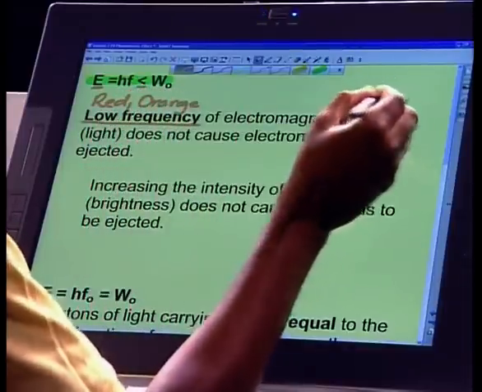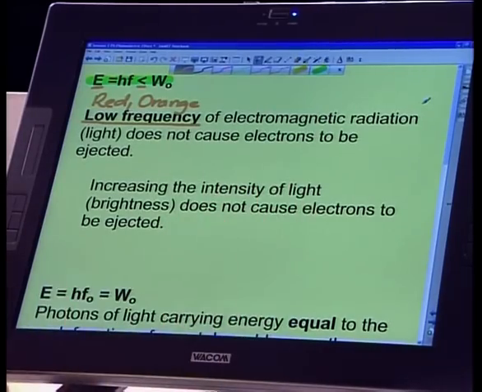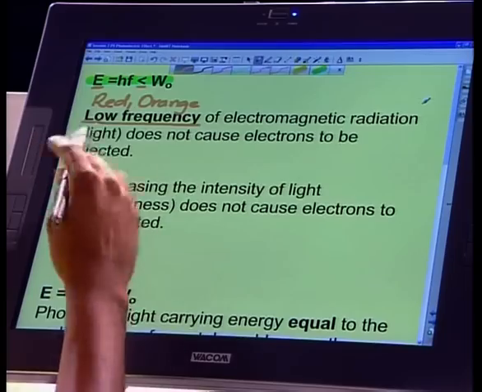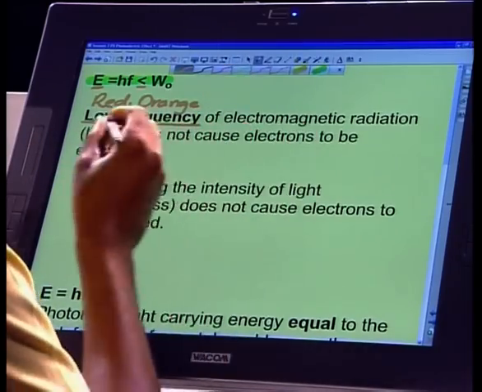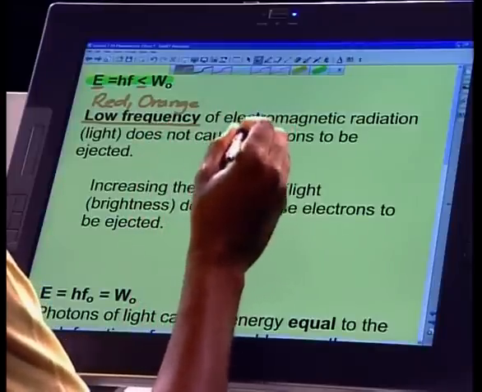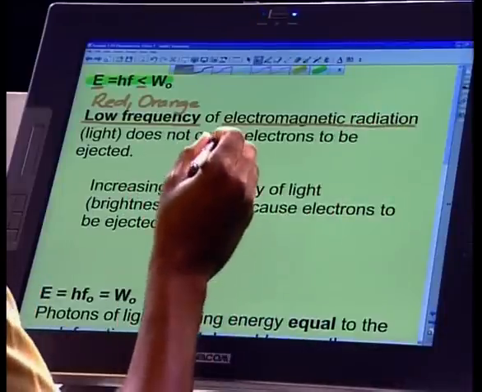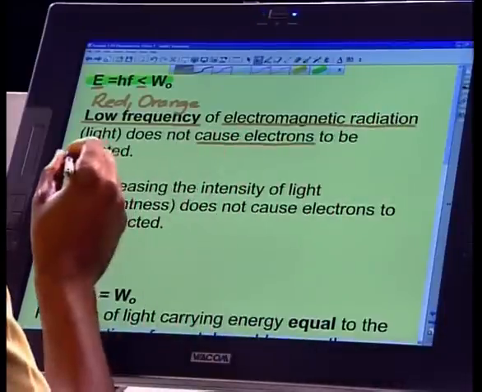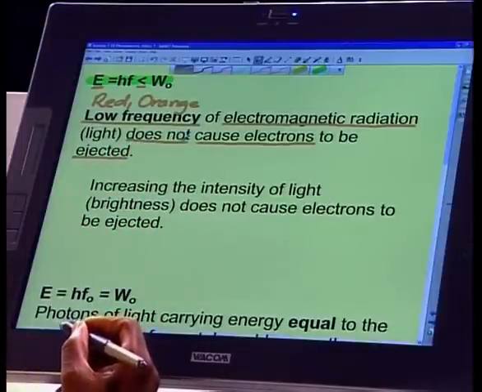Not in the region of ultraviolet, which will be in the far right in terms of increasing frequency. So when you have these low frequencies of light, the electromagnetic radiation is not enough to cause electrons to be ejected.